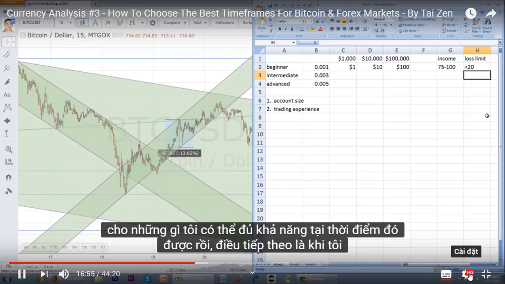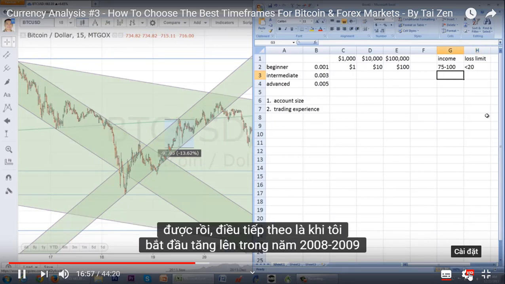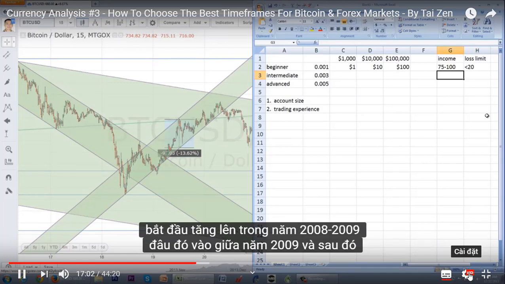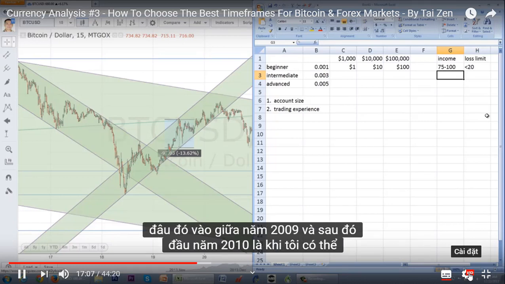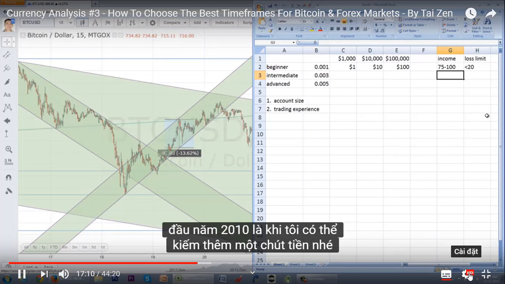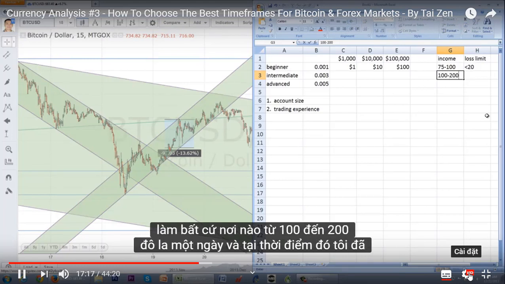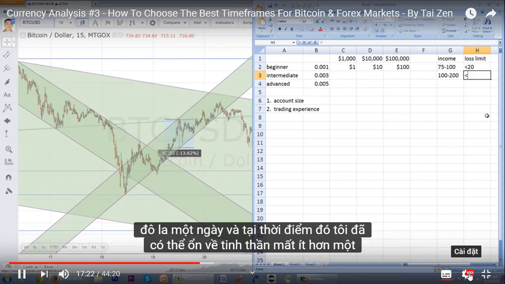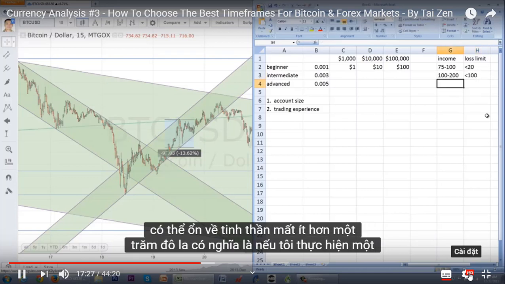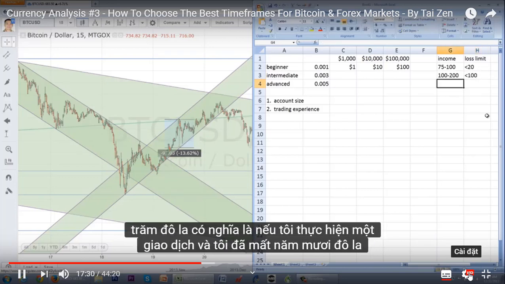Now, the next thing was that when I started to move up in 2008, 2009, somewhere in the middle of 2009 and then the beginning of 2010, I was able to make a little bit more money. I was making anywhere between $100 to $200 a day, and at that point I was able to mentally lose less than $100, meaning that if I made a trade and I lost $50, it was okay.